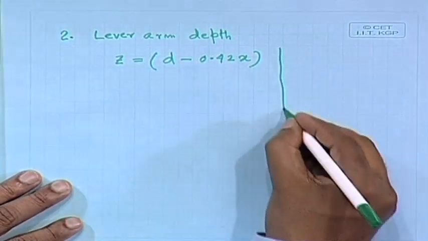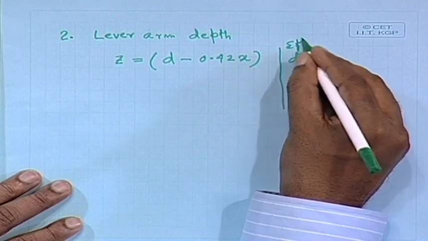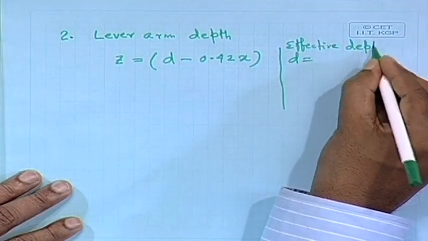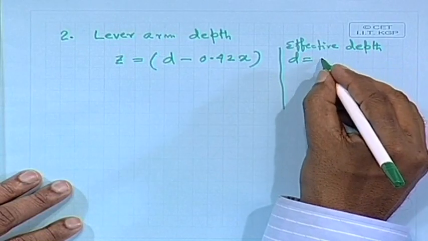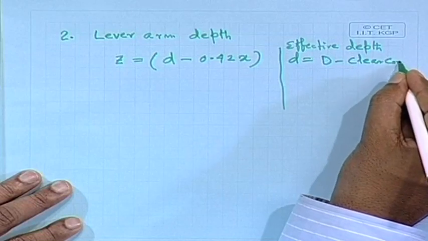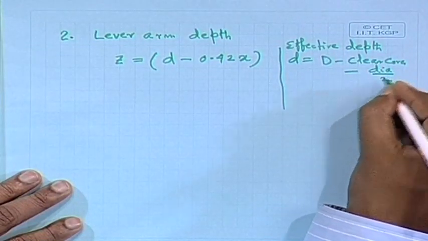What about D? D equal to effective depth, equal to overall depth minus clear cover minus dia by 2.